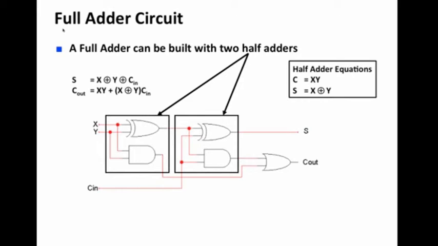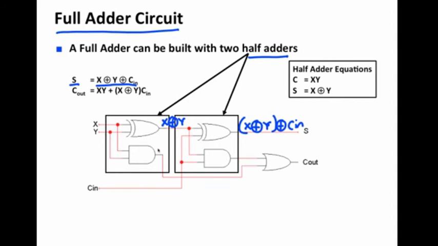It turns out this full adder circuit can be implemented with 2 half adders, which is sort of where they get their name. The sum bit is the XOR of X, Y, and Cin. So by connecting these 2 half adders here, we have X XOR Y, and we bring Cin in, so this is X XOR Y XORed with Cin.